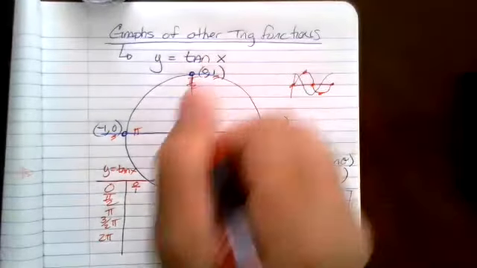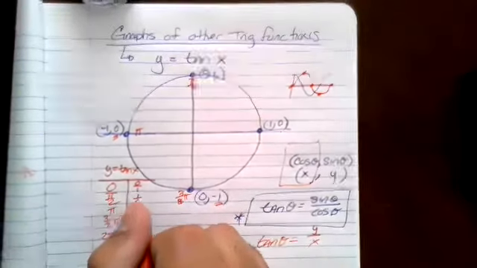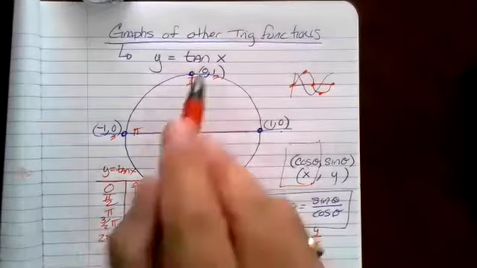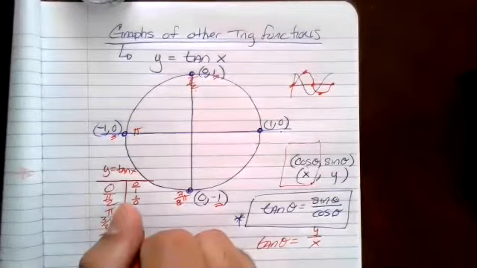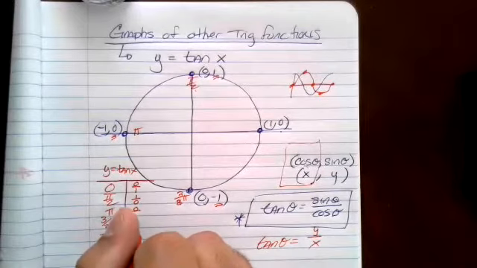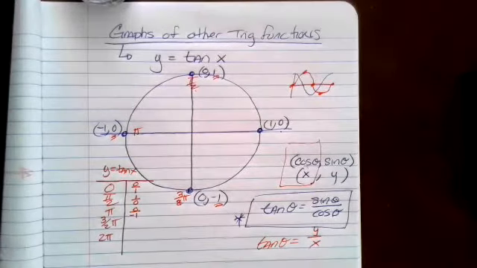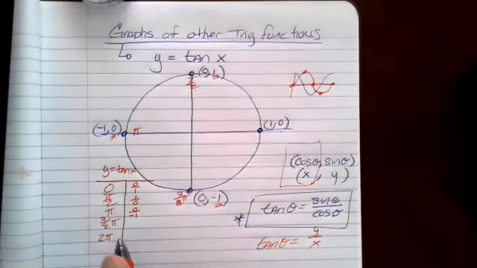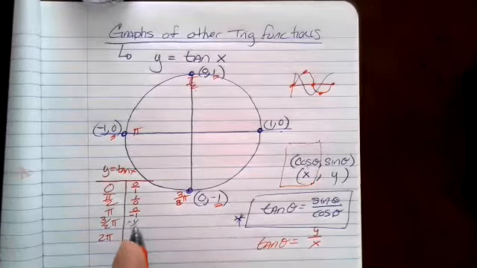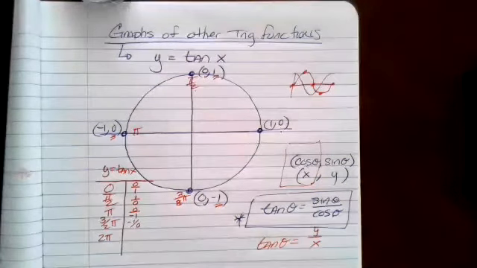At 90 degrees, it's going to be 1 over 0. My y over my x. This is going to be 0 over negative 1. And my 3/2 pi is going to be negative 1 over 0. And 2 pi is 0 over 1.